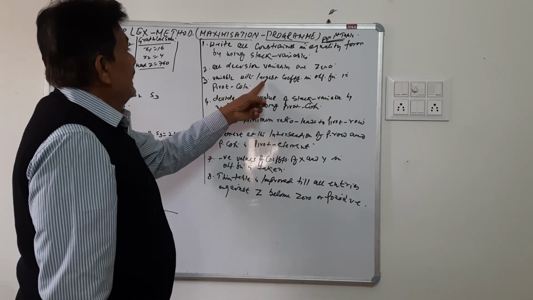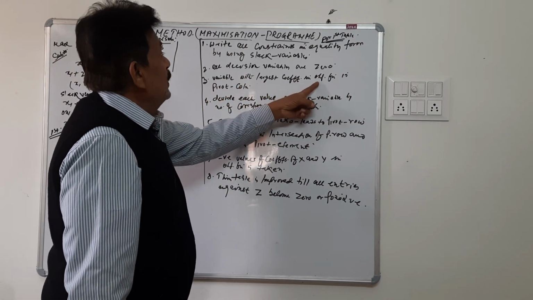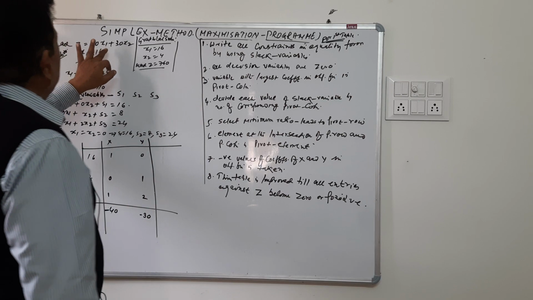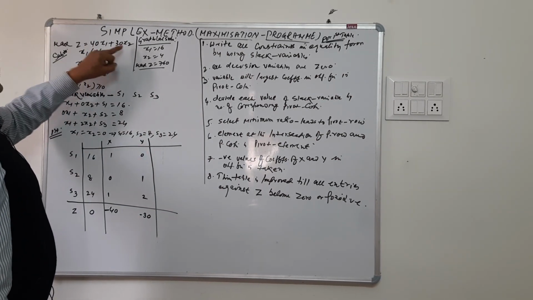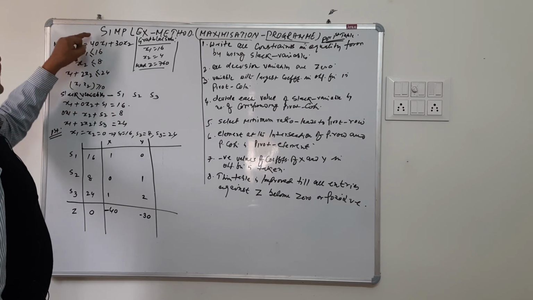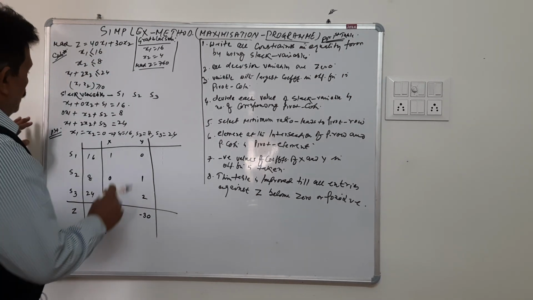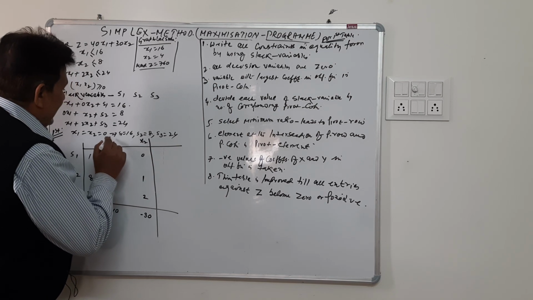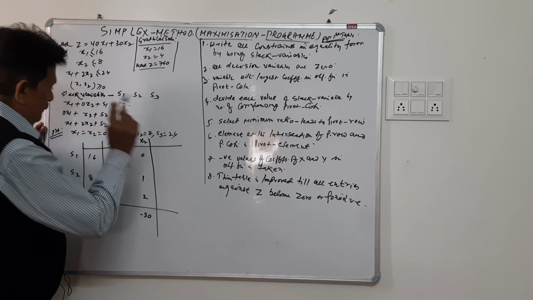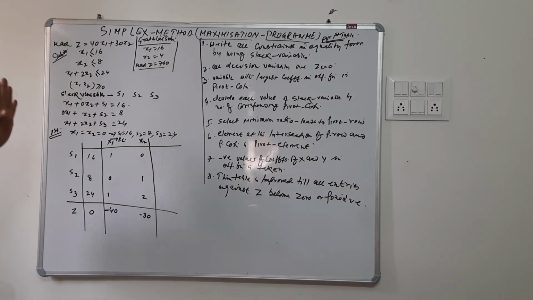Here is the objective function, and x1 has the coefficient 40, x2 has the coefficient 30, so x1 has the largest coefficient. So this x1 becomes the pivot column, right? We have identified the pivot column.